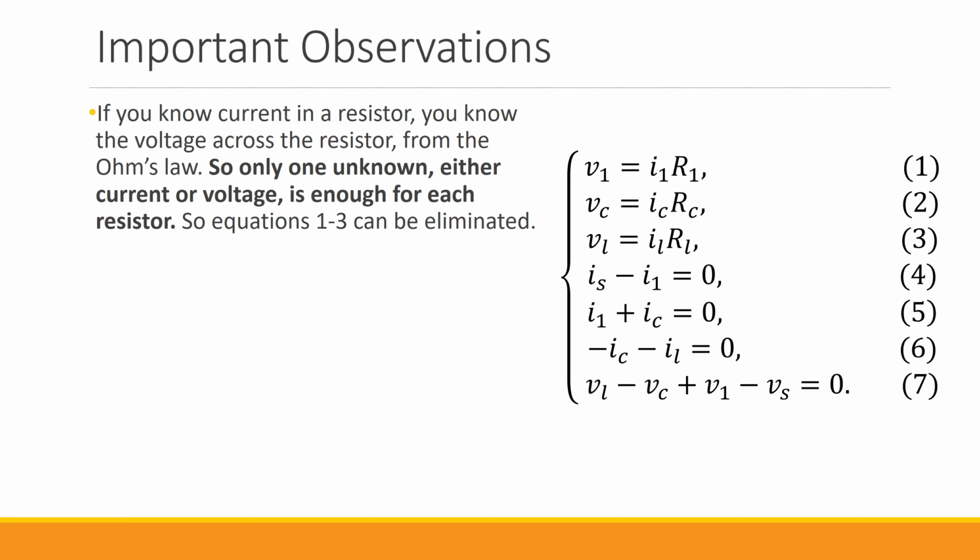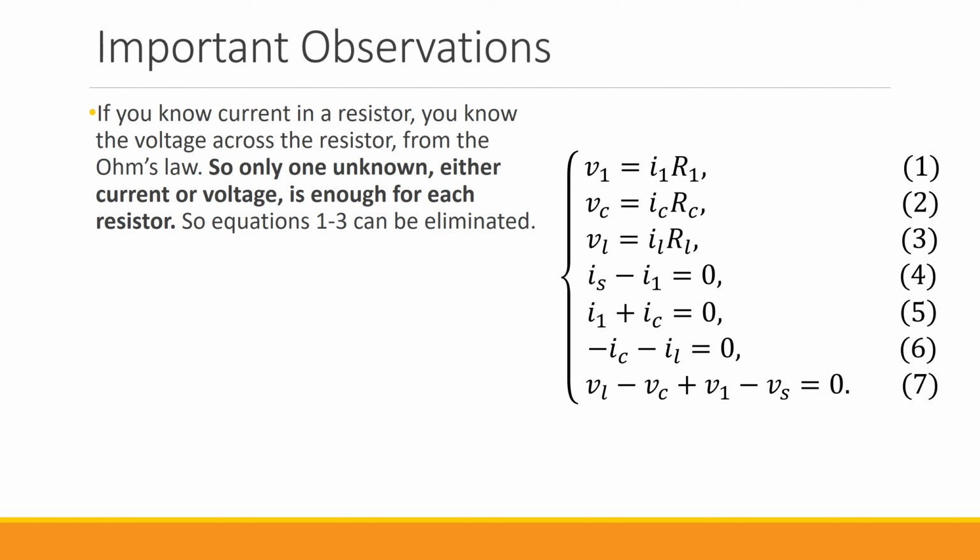So based on that, you can say I only need to have one unknown per element, per resistor, right? Because you already know the relationship between the current of, let's say, that resistor and its voltage.